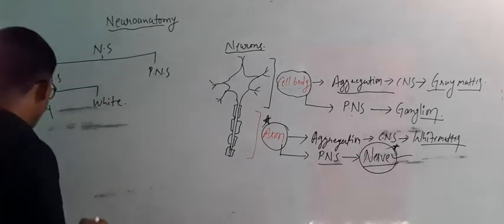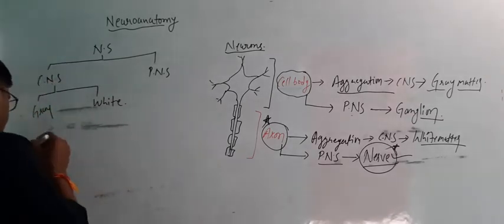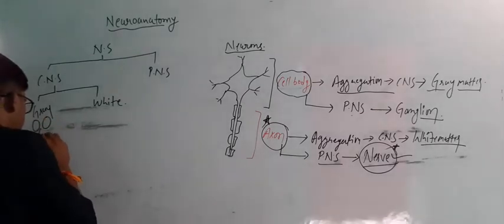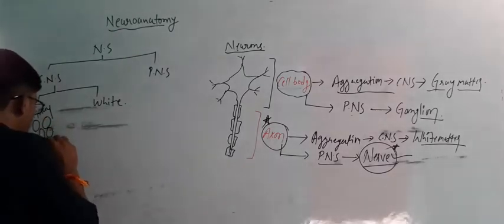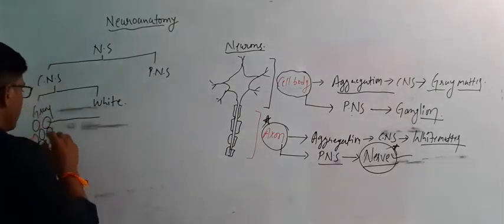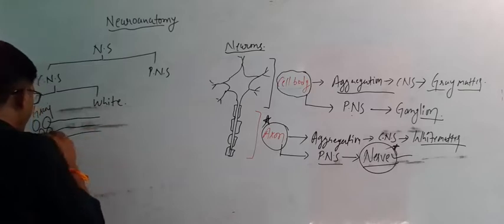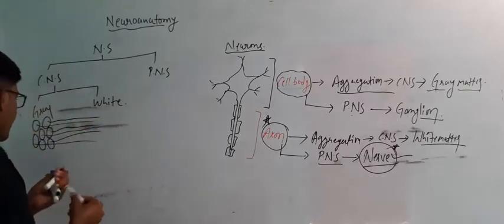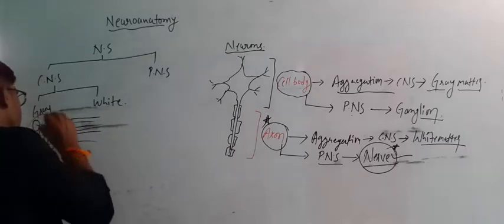So here, what is this? This is the cell body of the axons. This part is the cell body of the axons, and that is called gray matter.